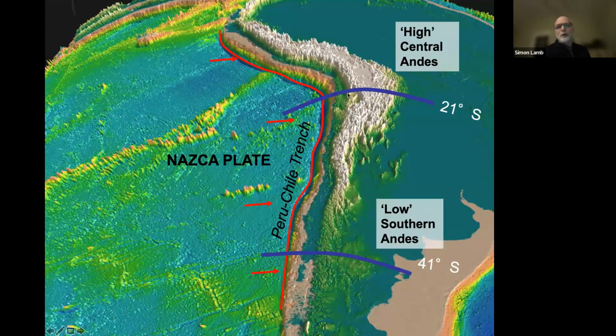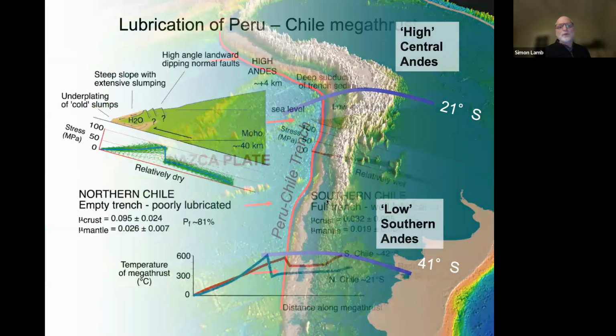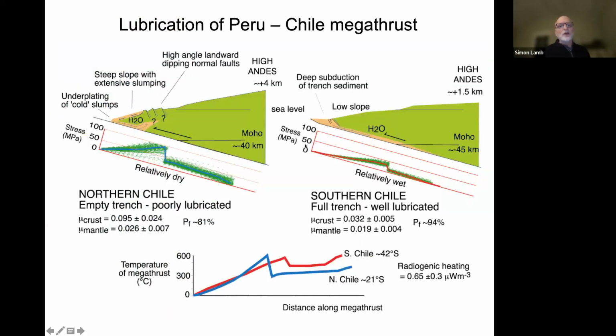I was talking about why there is this difference between the southern and central Andes. Well, I think there's a very simple explanation for that: the central Andes is essentially the driest system we have. It's still very wet, but it's drier than other systems. And the reason for that is there's basically no sediment in the trench.